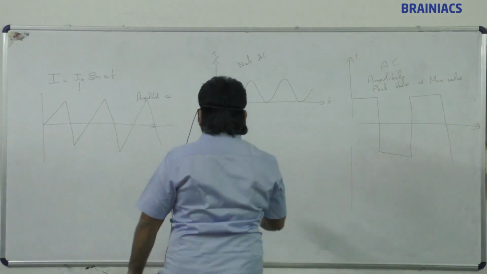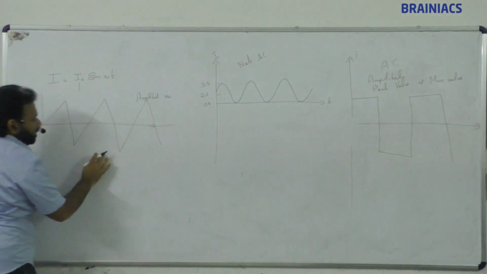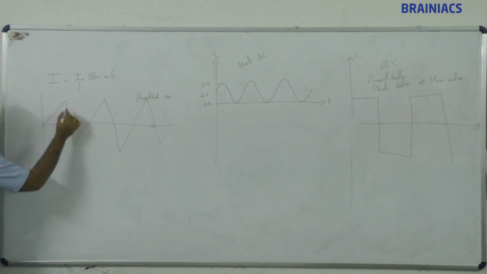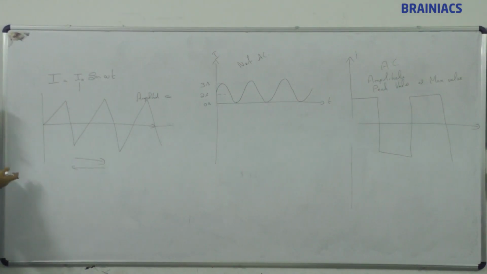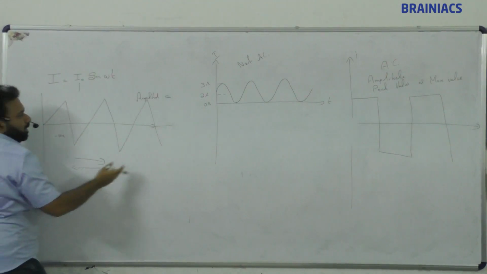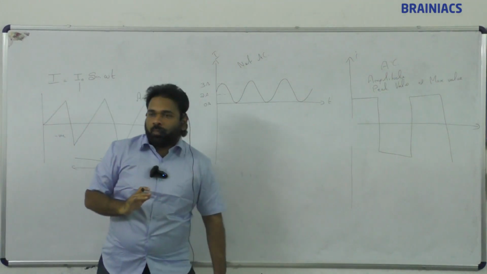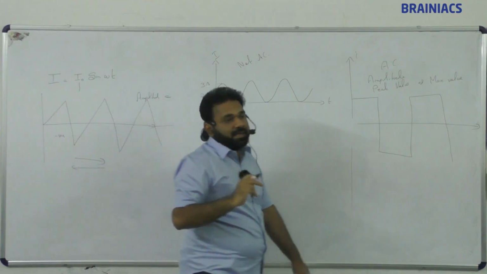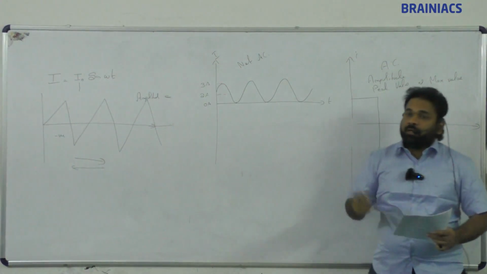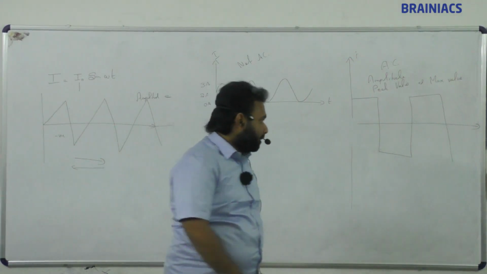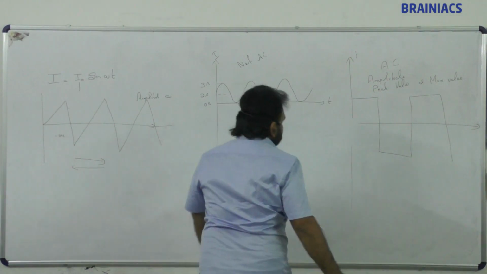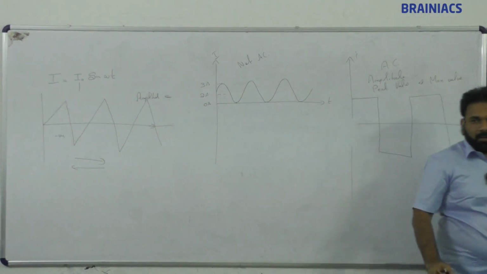If current flows in the reverse direction, that is negative. Here everything is positive, so that is not AC. Direction change requires this also. Clear?